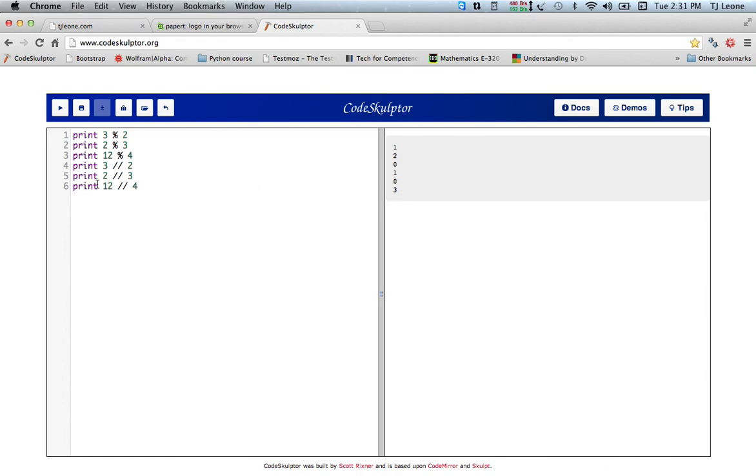Let's see, maybe I could make it a little bit clearer what's going on here. If I move these around, and then I'll put just a plain print in between to give us some space.